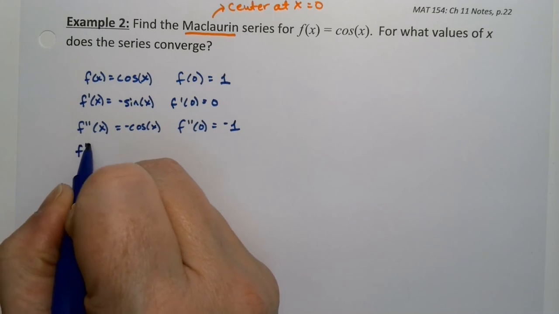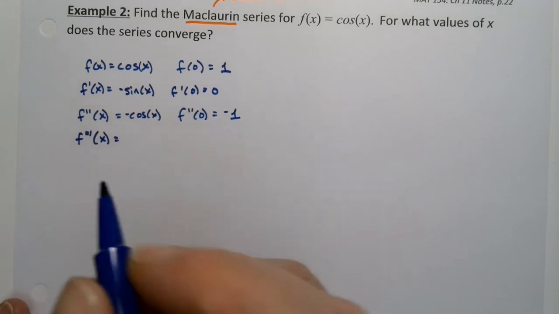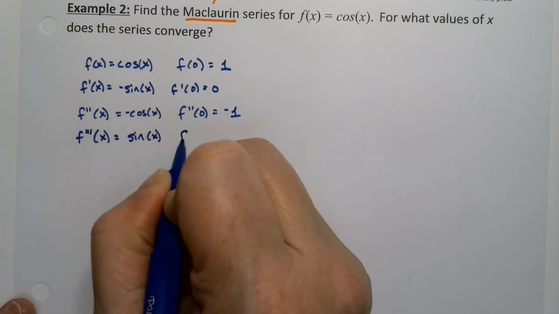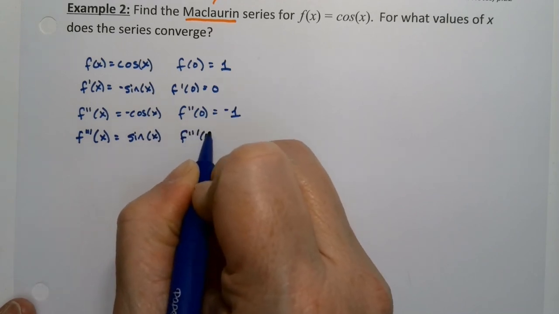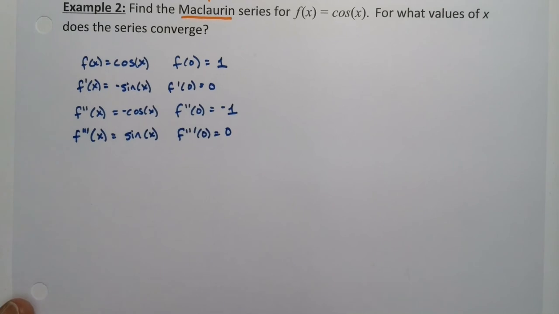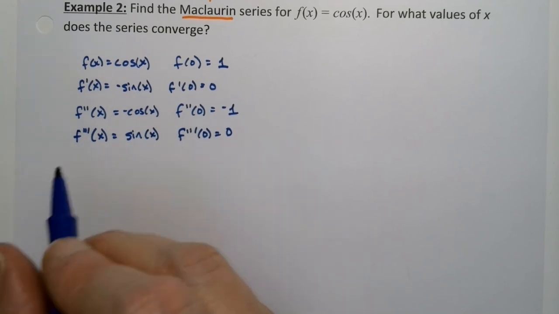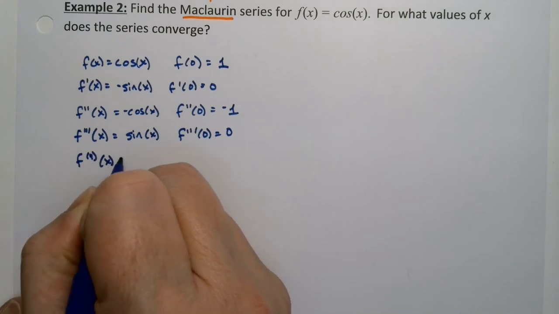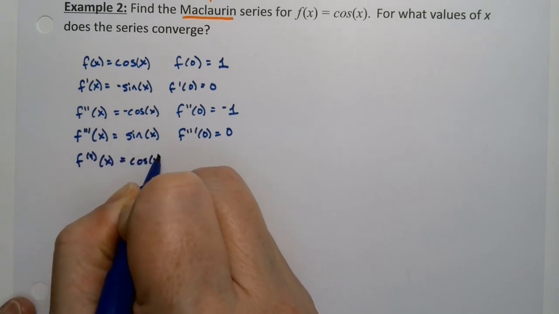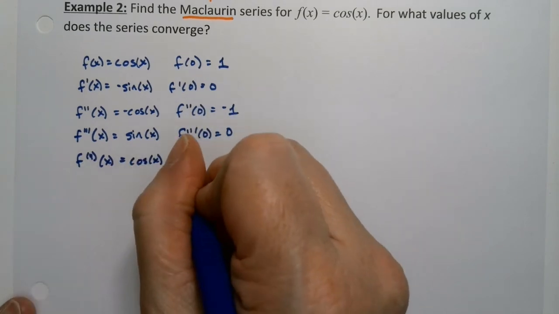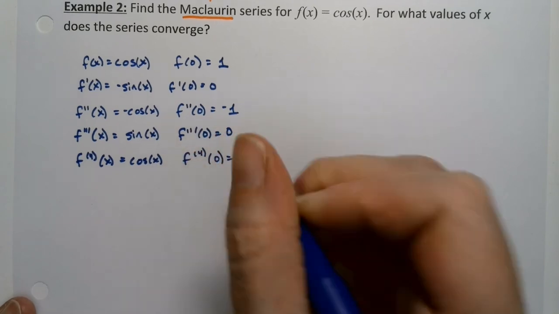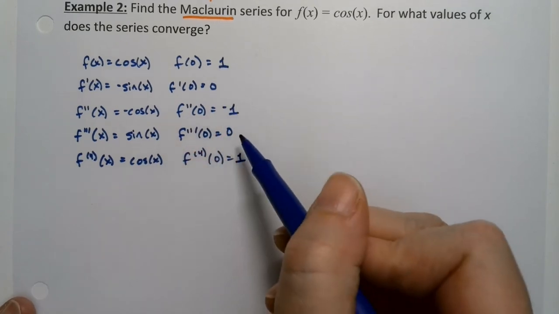And then the third derivative, of course, would be sine, which means it's going to be 0 again, right? Because the sine of 0 is 0. And then the fourth derivative would be back to cosine again, and we would just continue this cycle. We would just keep going like this forevermore. So it's going to go 1, 0, negative 1, 0, 1.